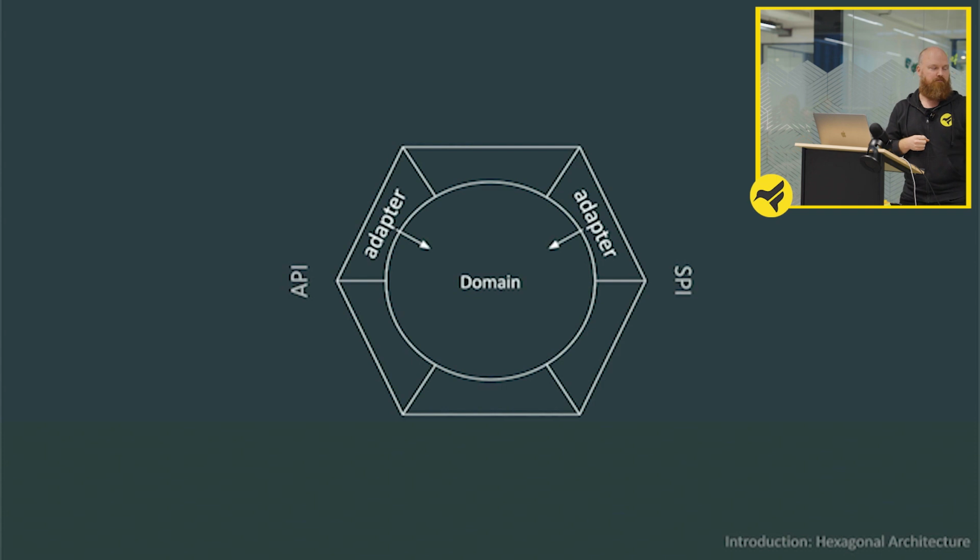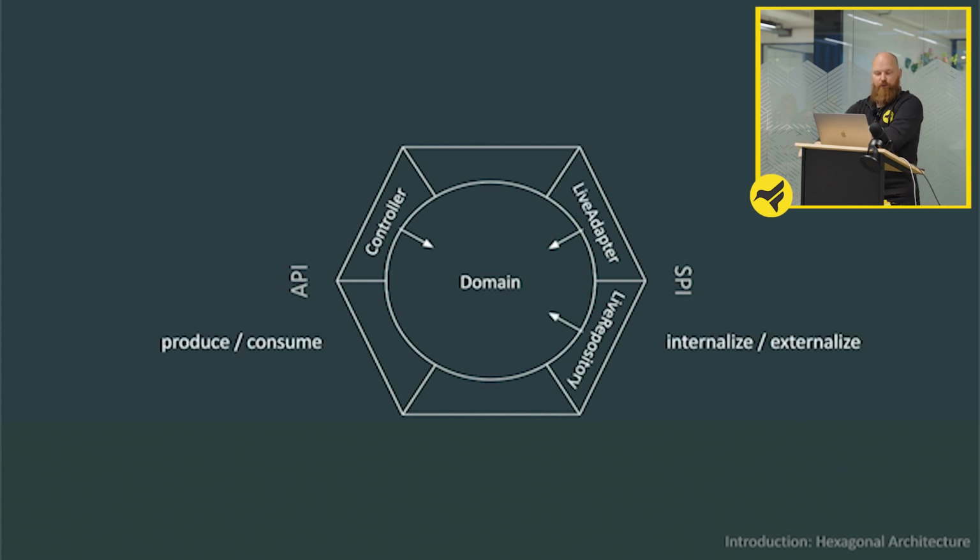You can also think maybe you want to model something with a queue. Is that a service provider interface? Is that an API? Maybe it's something else, but that's of course possible. But for all intents and purposes right now, most of the time I think we think about the API where you can interact with and you provide your API to other people, and the SPI is where you get your data from.